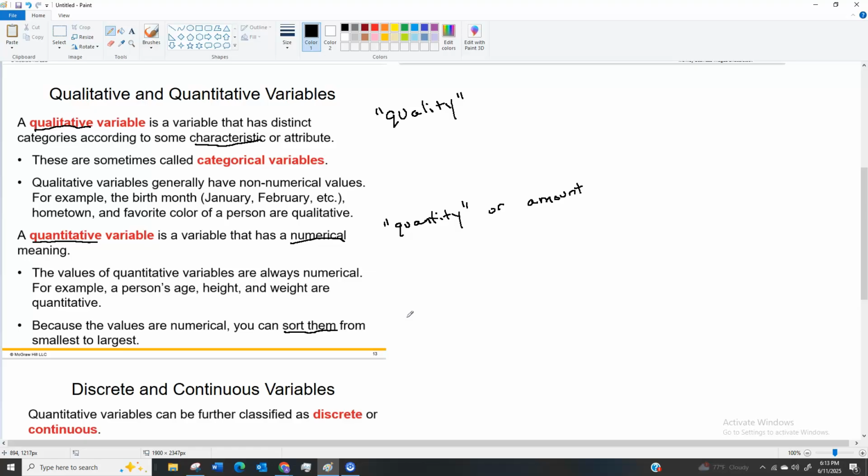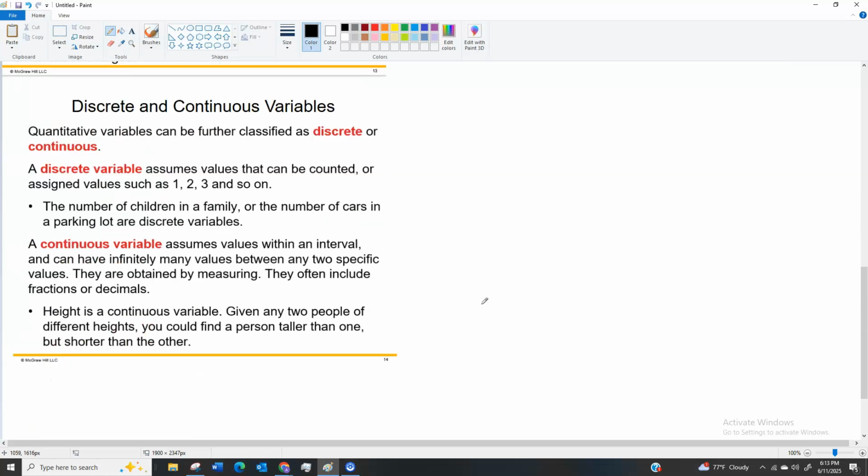Okay, so now let's go on to the two subsets of quantitative. Qualitative variables are just qualitative variables. But quantitative variables can be further broken down into two categories. So quantitative variables can be listed as either discrete or continuous. Discrete meaning very focused.